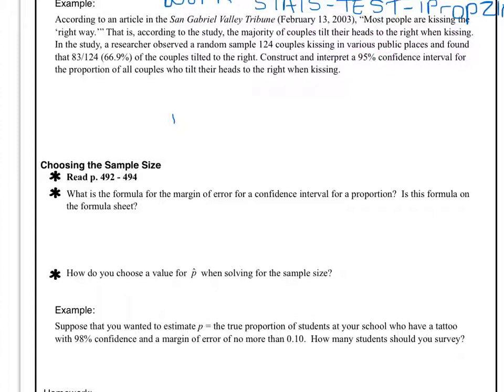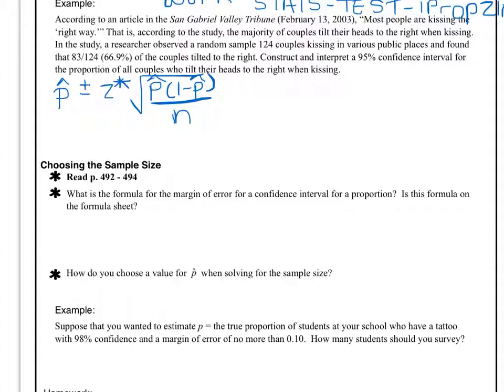So then to plan, okay, for our plan step, we would say we are going to use the formula p hat plus or minus z star times the square root of p hat times 1 minus p hat all over n to calculate this confidence interval.